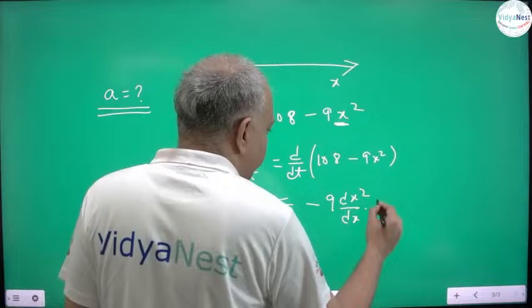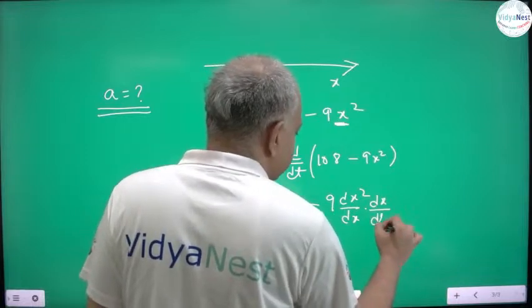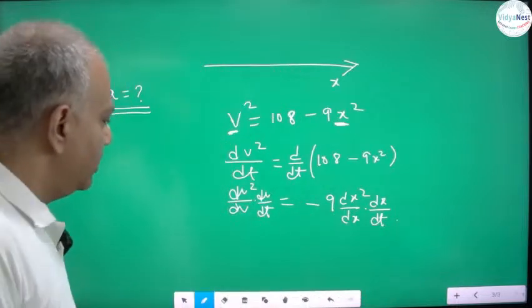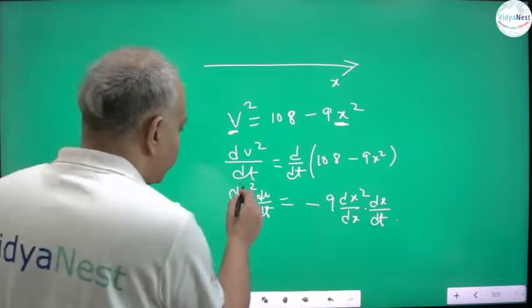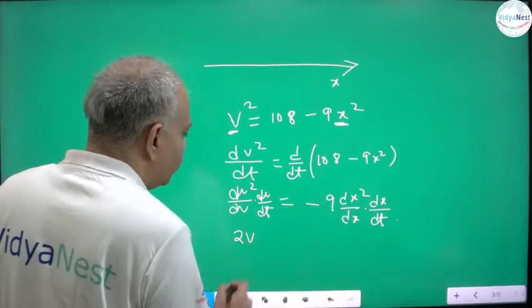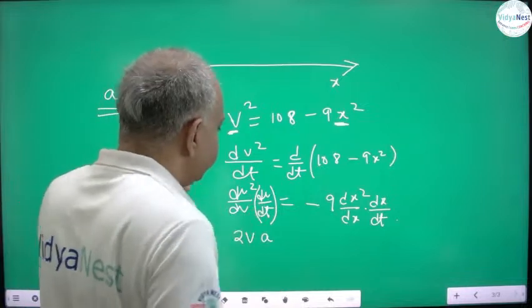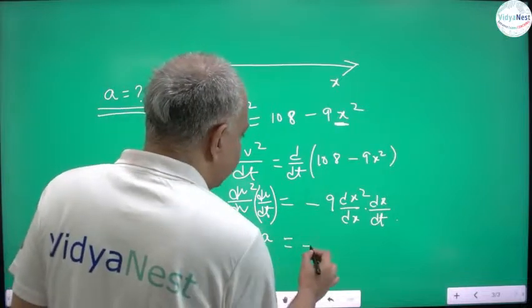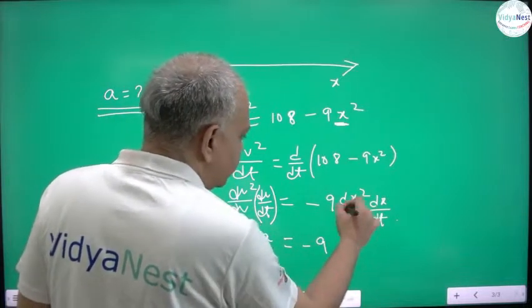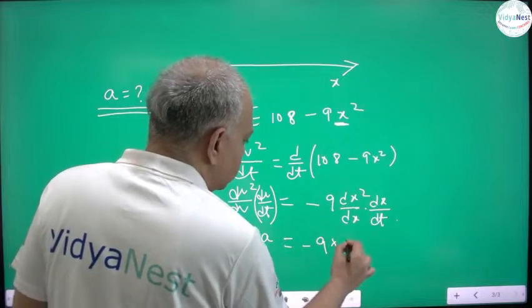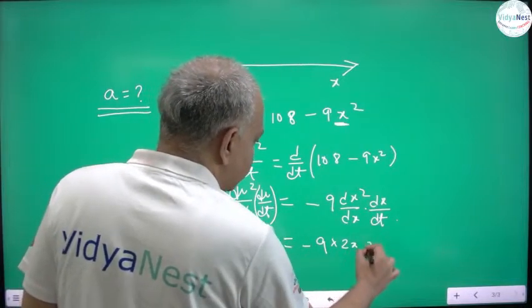And dv by dt, what is this? This is the acceleration, the rate of change of velocity. It is equal to minus 9 into the derivative of x square, which is 2x.